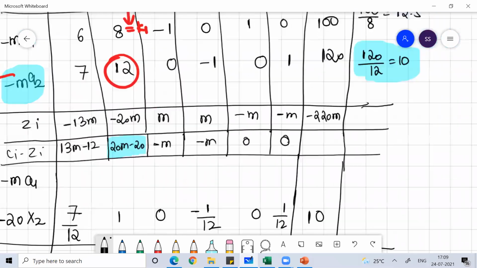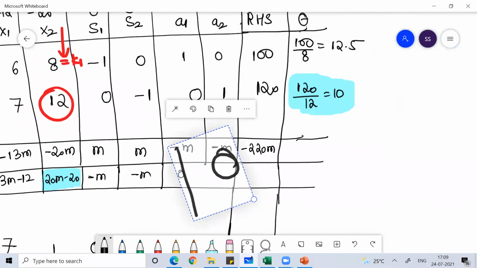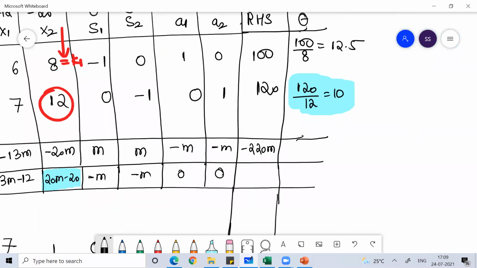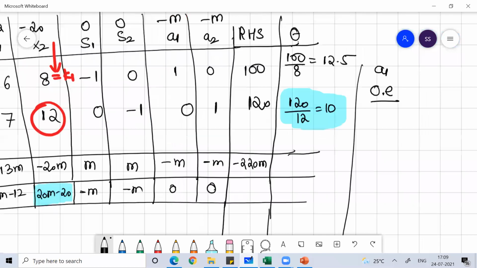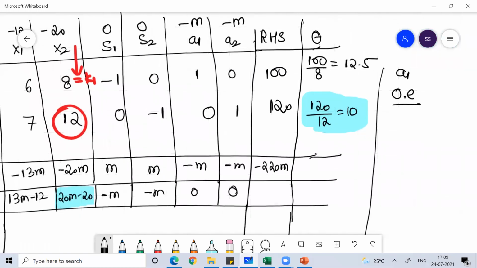Fine. Now to find the value of A1. How will I find the value of A1? To find the new elements of A1, we first write the old elements of A1: 6, 8, minus 1, 0, 1, 0, 100.